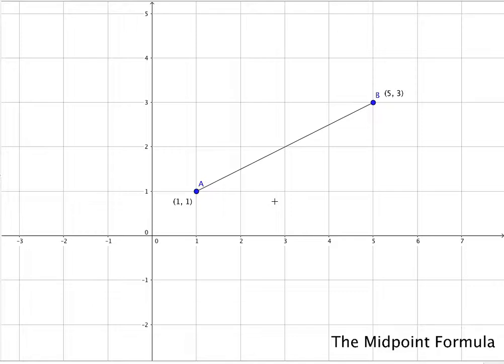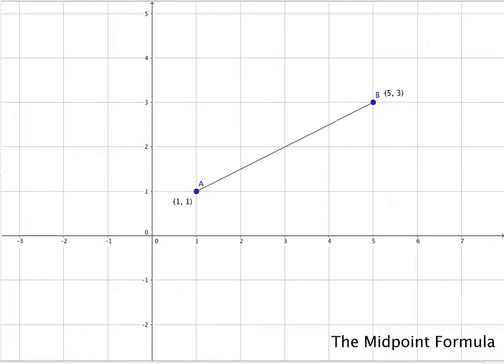So if we're looking for a way to calculate the midpoint, and you may already be noticing that, I've designed this problem really so that it's a nice easy answer, but in general we want to have a formula that works for any kind of line or line segment. And so in order to get to whatever that formula is, remember this is going to be a formula that works for everything.